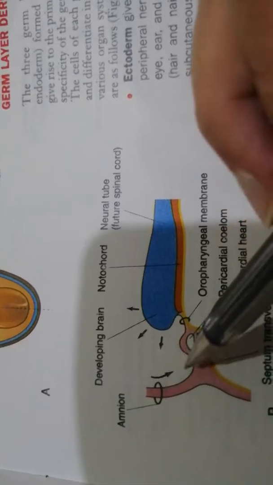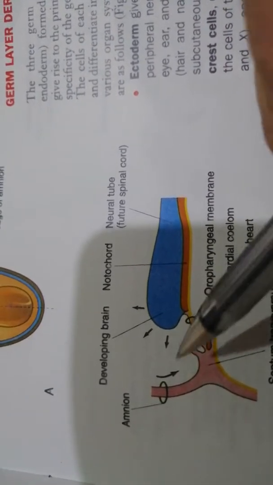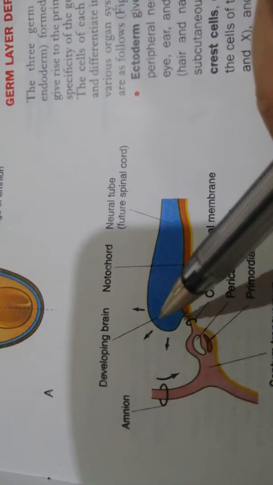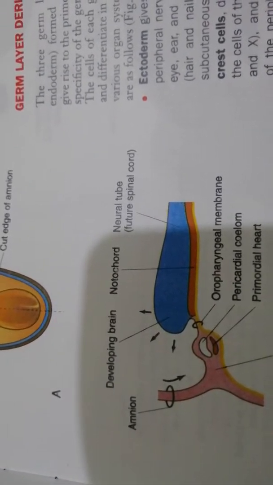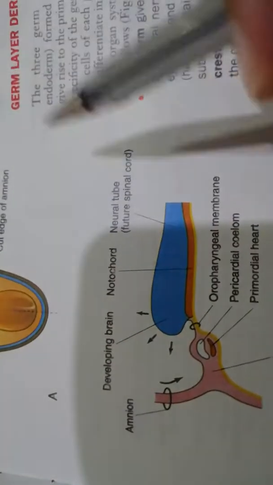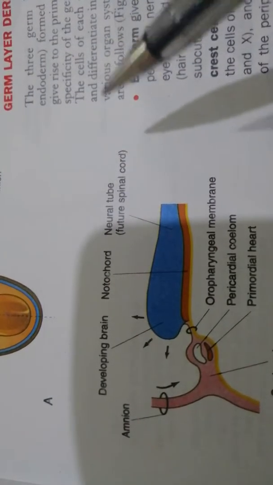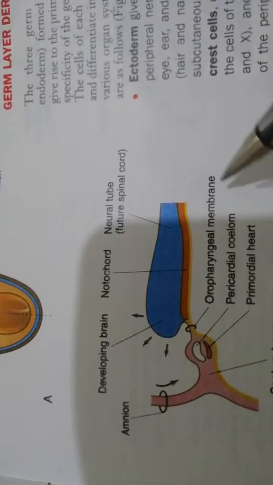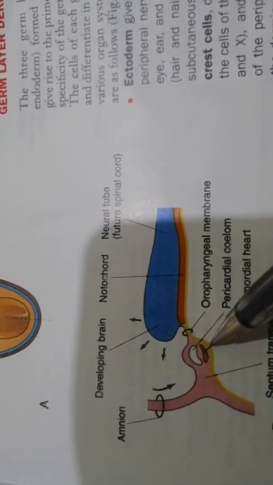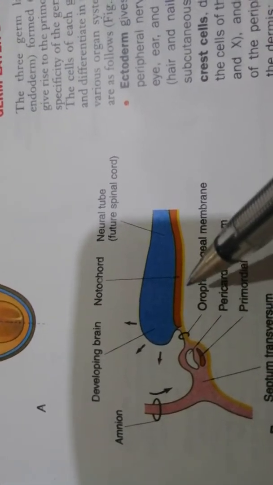This is the amnion part, and the amnion is basically continuous with the surface ectoderm. Generally it surrounds the whole of it, like surrounding this in this manner, and this yellow part is the endoderm of the umbilical vesicle.